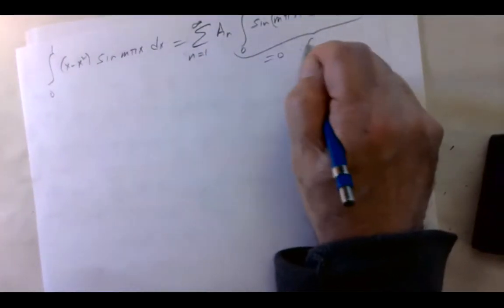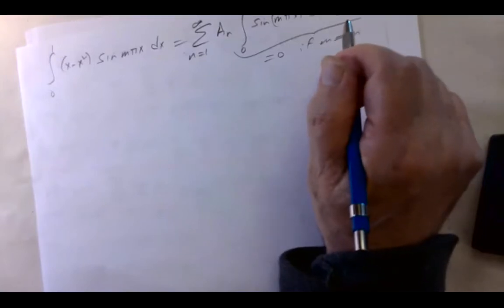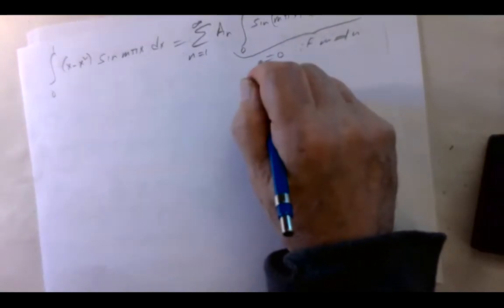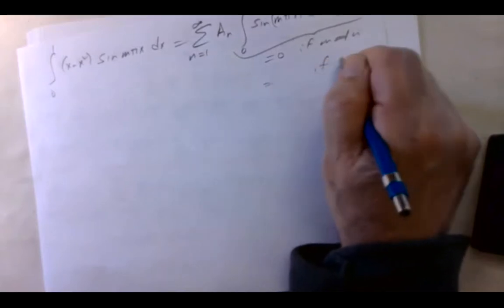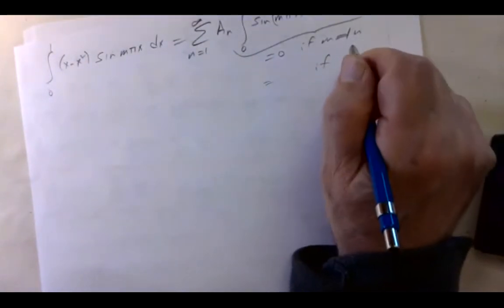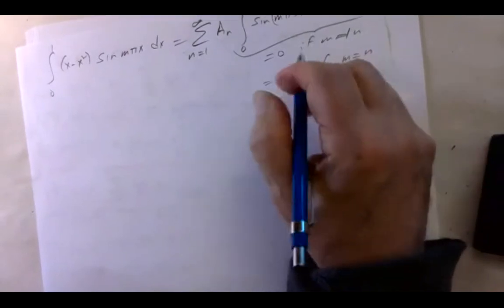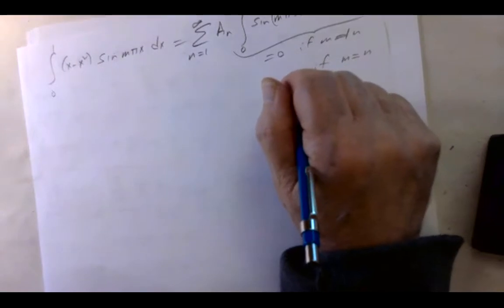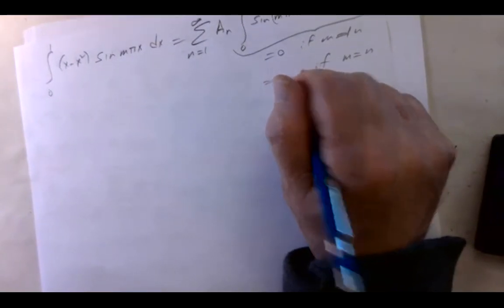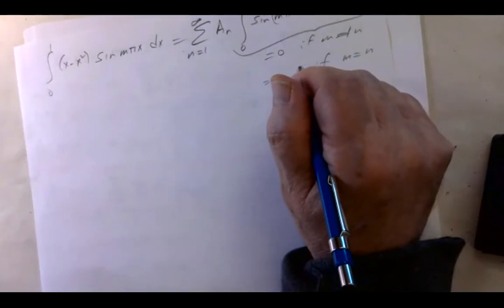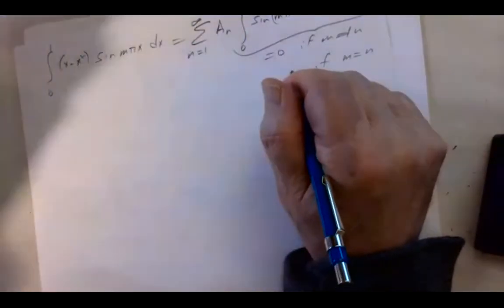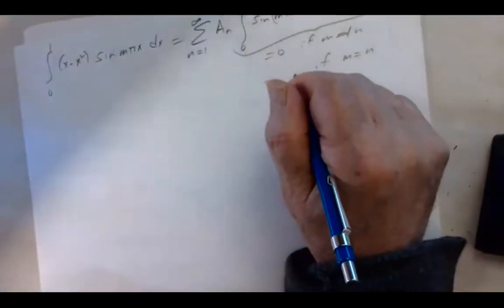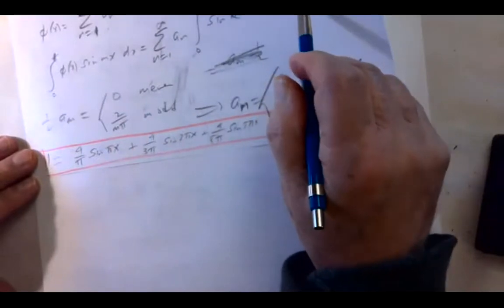This is equal to 0 if m is different from n. And if m is equal to n, we get, let me find where I had written down that result. Oops, here it is.